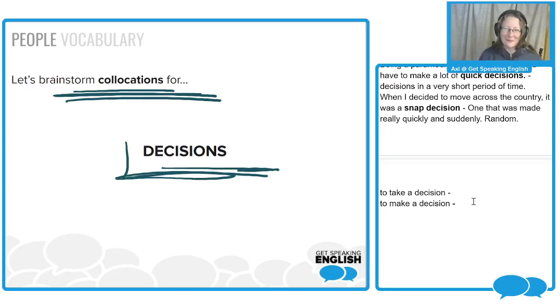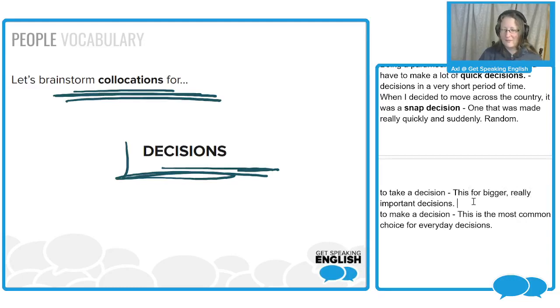So I'm going to say for like Americans, for Canadians, this is the most common choice for everyday decisions. And then we might say take a decision for like really big decisions. So this for bigger, really important decisions. But there's not a huge difference, and you can use either one of these if you'd like.